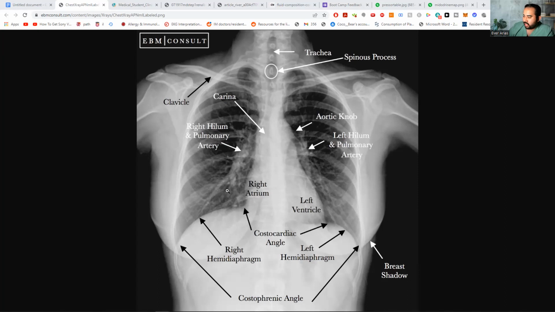When you have right lower lobe pneumonia, usually it hides the right atrium border. Or if you have a retrocardiac opacity, it'll blunt the left ventricle border. So you won't see this line. Instead, you'll see a filled space, essentially.